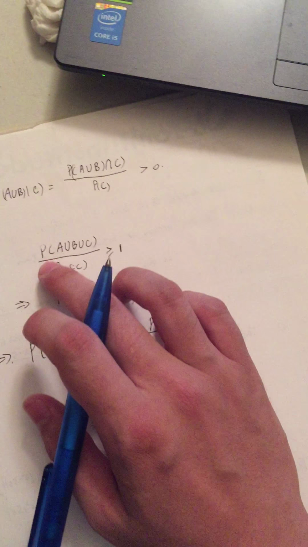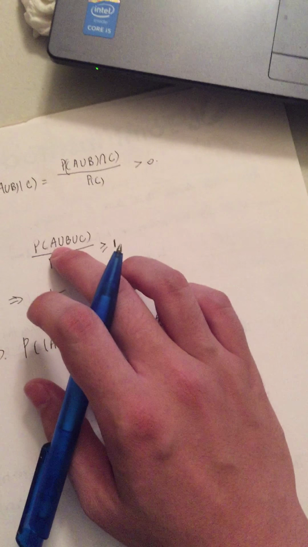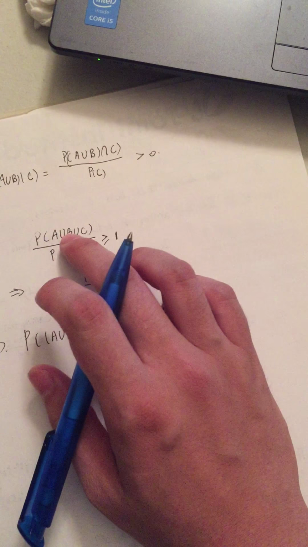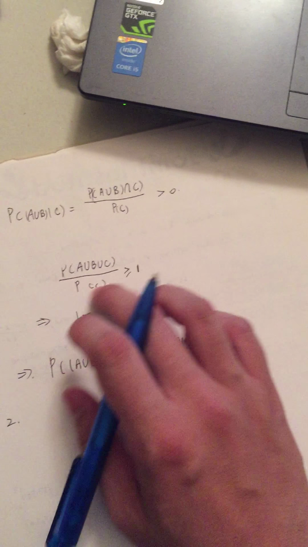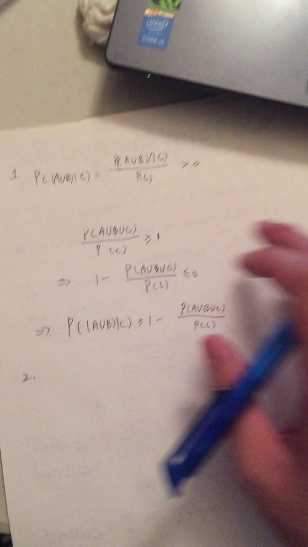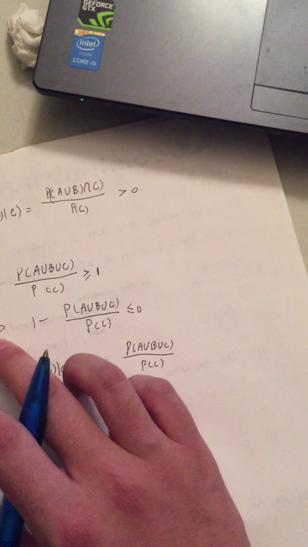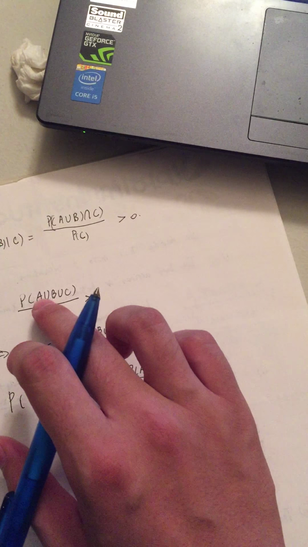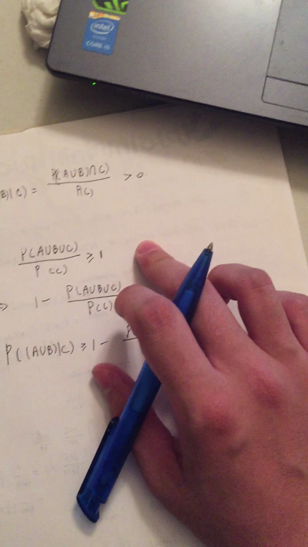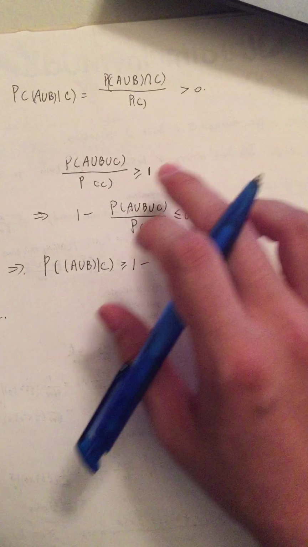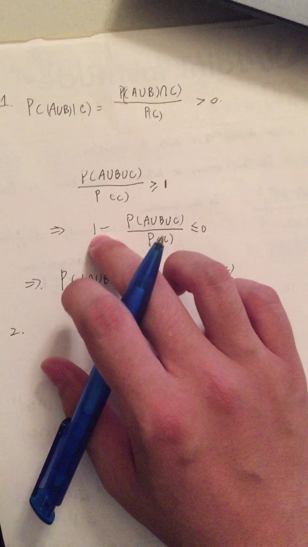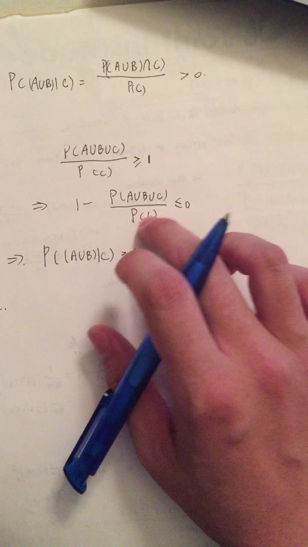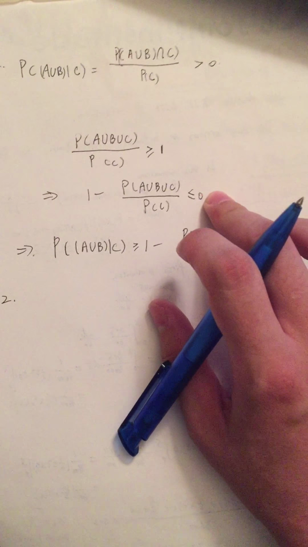In the other case, if A union B will happen, the probability of A union B is greater than 0, then this one will be strictly greater than 0. So we move this to this direction, and we get that 1 minus this one is less than 0.